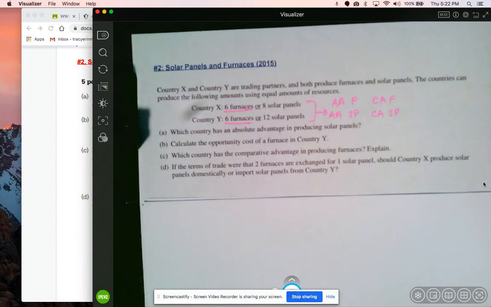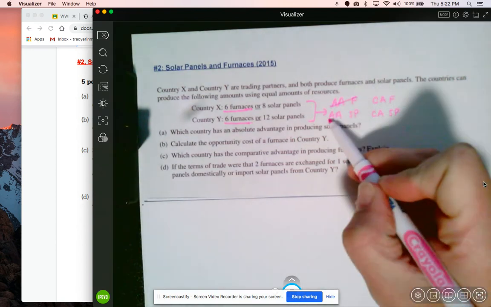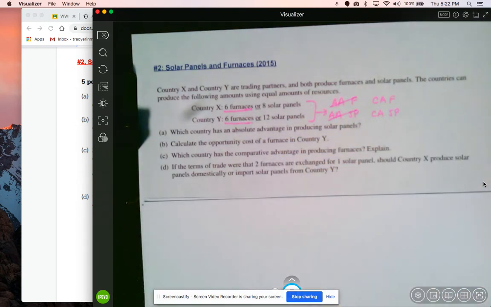All right. So when I look at the furnaces, neither country has an absolute advantage in making furnaces because they both make the same amount. And absolute advantage is about who does that thing more or who makes more of it and does it better. So this is an output question, meaning that I'm looking for the bigger number because I'm talking about total output.